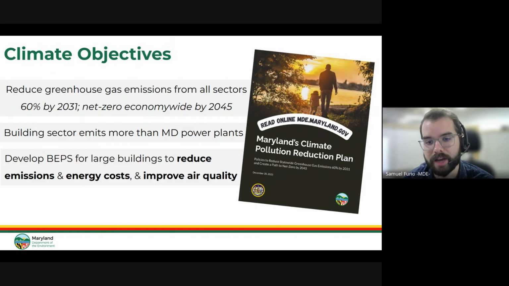Those climate goals are to reduce statewide greenhouse gas emissions from all sectors, the building sector, the transportation sector, every piece of our economy, by 60% by 2031, and then economy-wide, we're going to achieve net zero by 2045. So very ambitious goals for the state of Maryland.